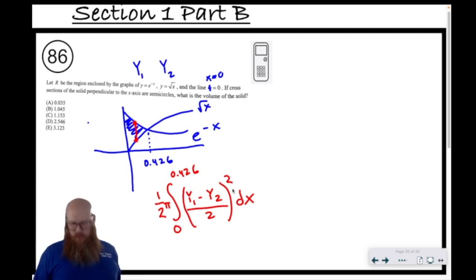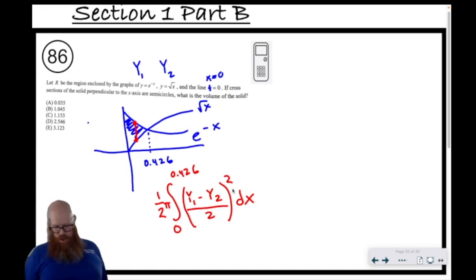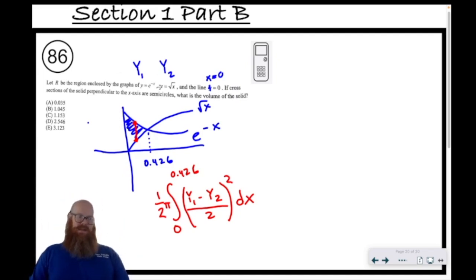And then when you go into the integrand part, if you go to alpha trace, a little menu comes up where you can put in a y1 and y2, and it'll save you having to type in these functions. In some problems it saves you significant time. These aren't too hard to type in, so again, it's just a little shortcut with your calculator. When you do all that and hit enter, we end up getting A.